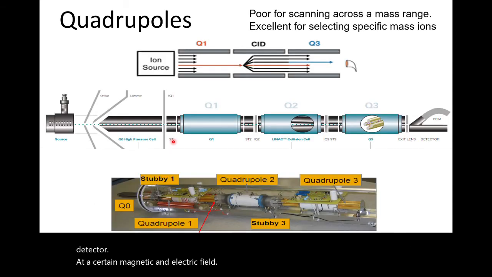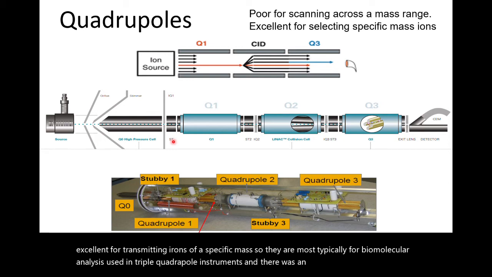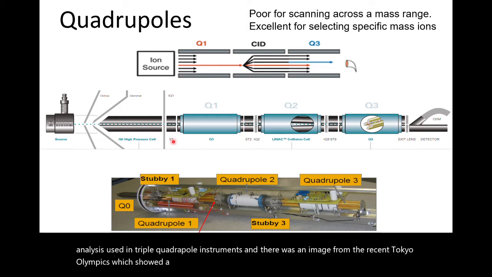Now, as I said, quadrupoles are not great for scanning mass ranges, but they are excellent for transmitting ions of a specific mass. So for biomolecular analysis they are most typically used in triple quadrupole instruments. There was an image from the recent Tokyo Olympics which showed a room full of about 25 mass spectrometers based on this kind of technology.